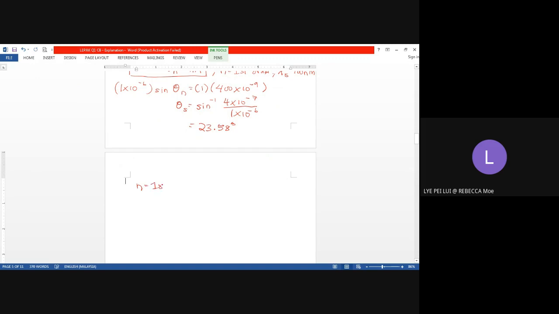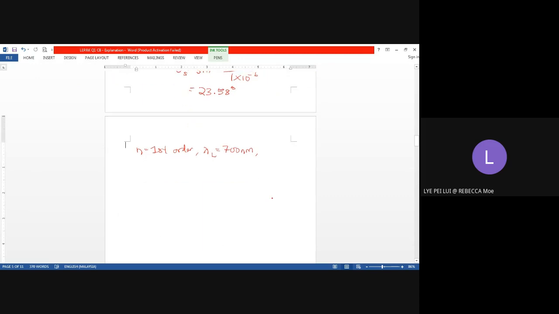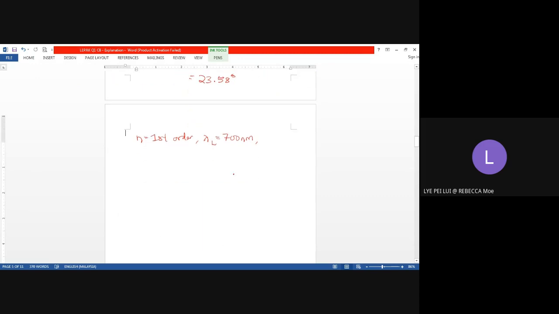So first order, longest wavelength, 700 nanometer. Okay, we substitute in the same equation. d sine theta equals n lambda. Okay, this one you can put label L, right?